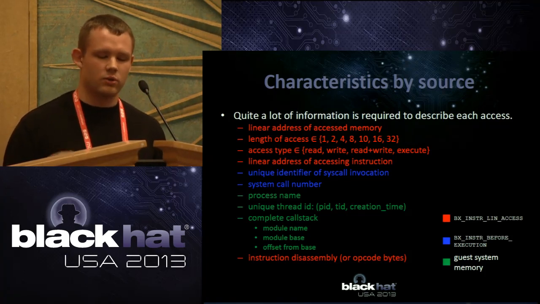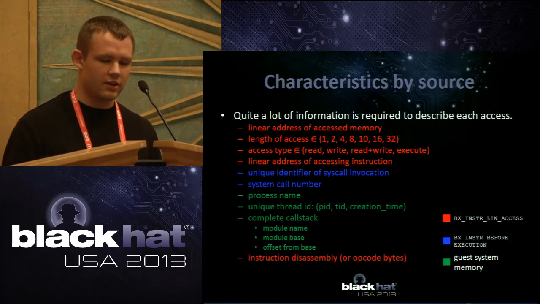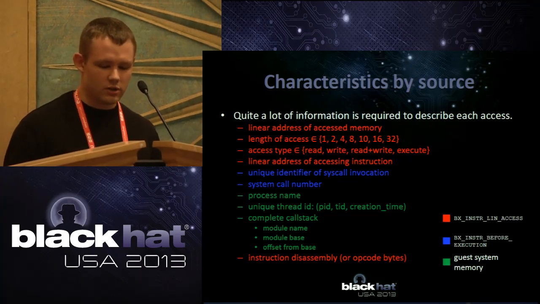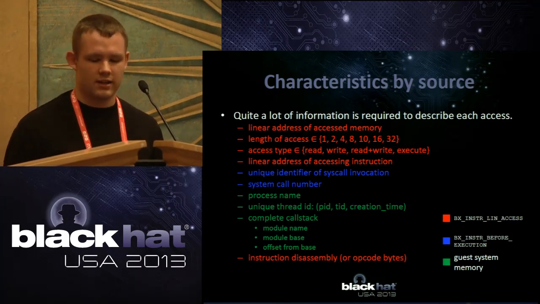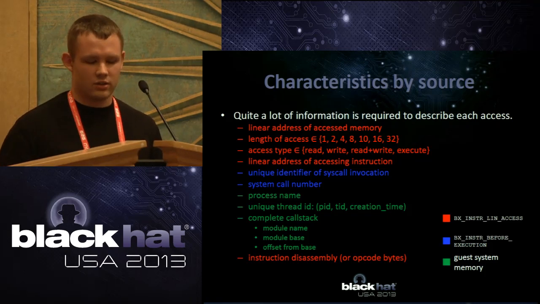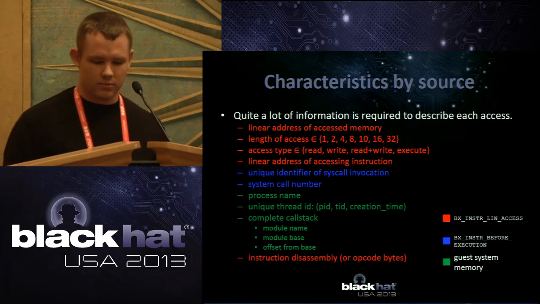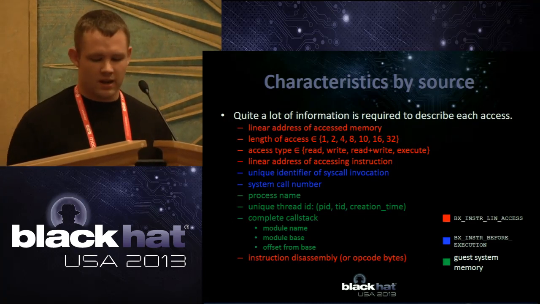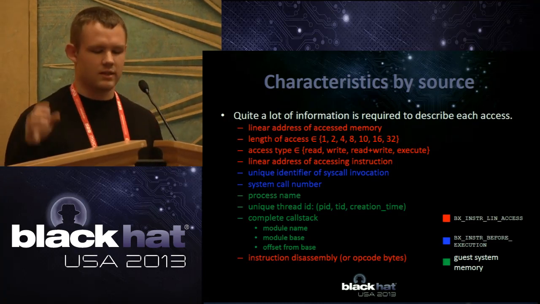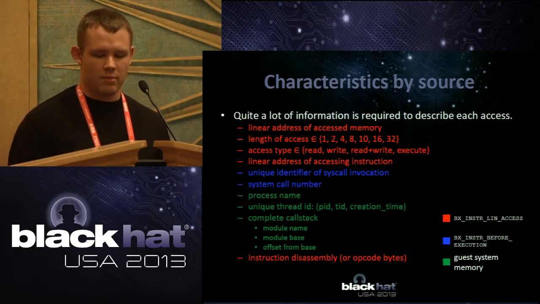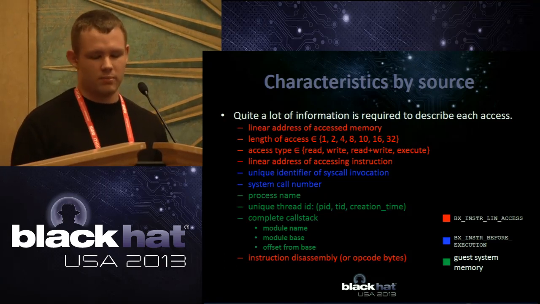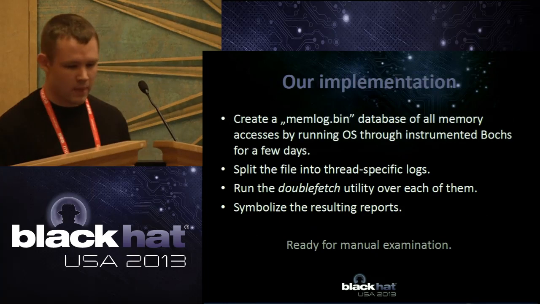And we do this by looking for the sysenter instruction or the other instructions that are used to invoke system calls. And after we find an instruction like that, we basically examine the EAX register and find out which system call is being invoked by the user mode program. And then we have the third type, which is basically the information that is stored within memory of the operating system that we have to read basically directly from RAM.